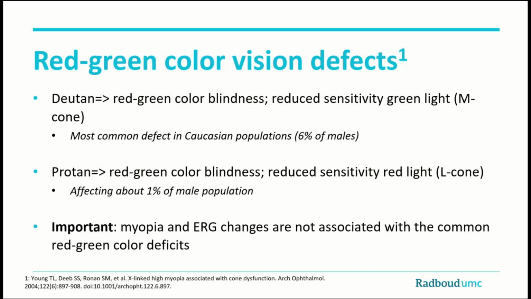And about 1% have a protan color vision defect, a red-green color blindness, caused by reduction in sensitivity to red light caused by L cone abnormalities. So this is what's in the general population. This is not linked to BCM or Bornholm disease, and these patients don't necessarily have myopia, and their ERGs are normal.